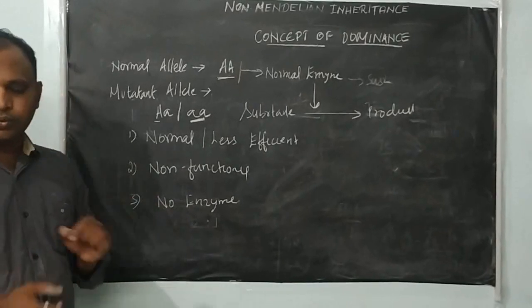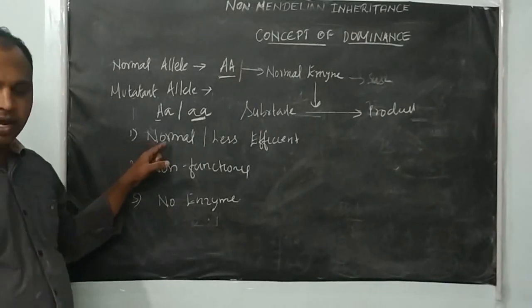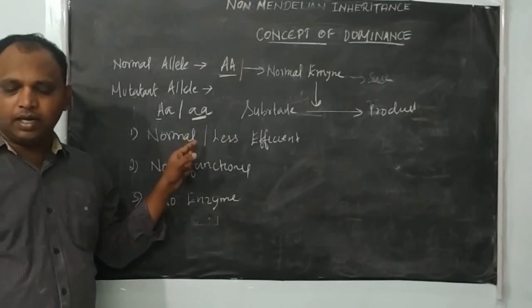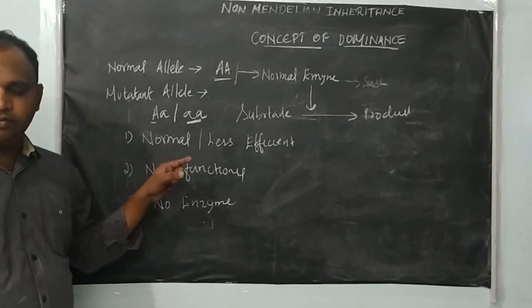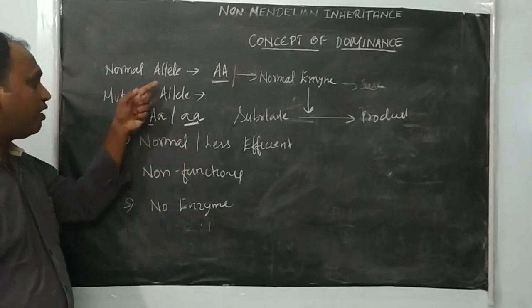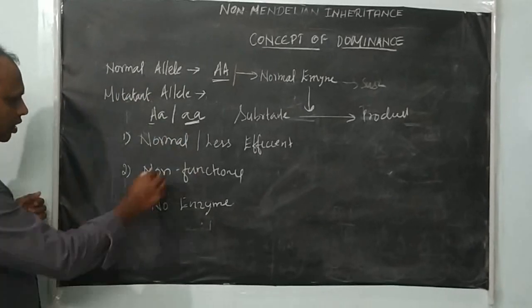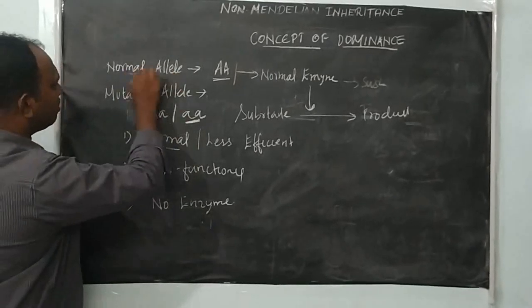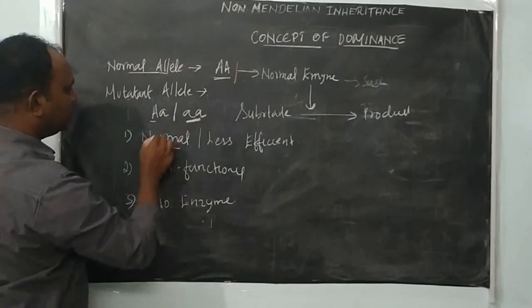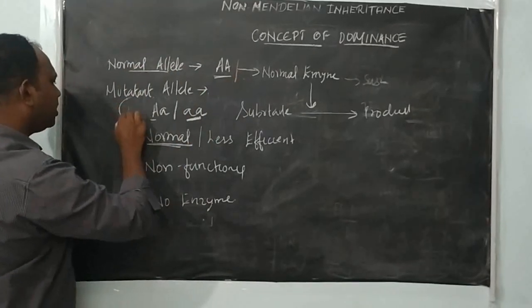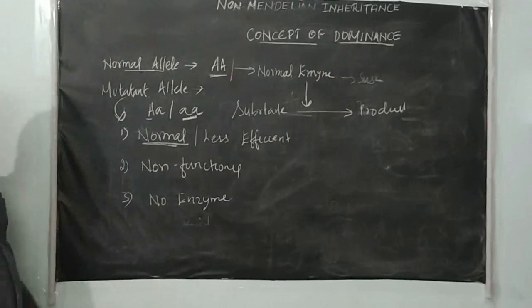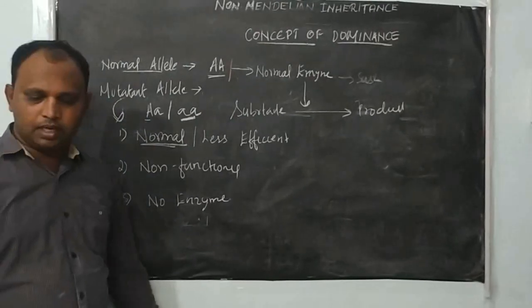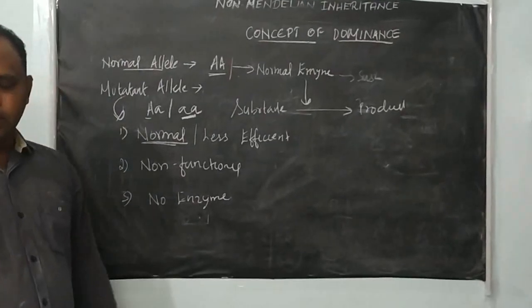If you take case 1, this modified allele produces an enzyme equivalent to the unmodified allele. It is producing the same type of enzyme as the normal allele, so this mutant allele gives the same phenotype, as in the case of silent mutation.